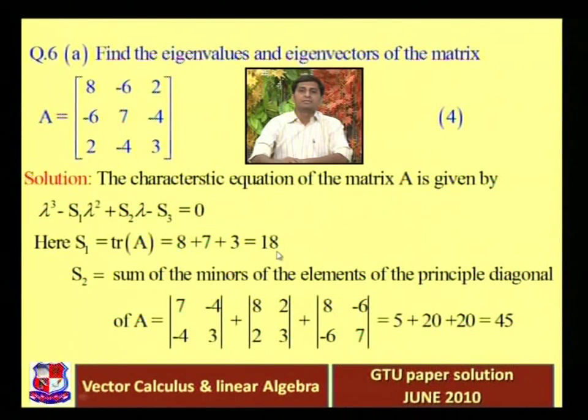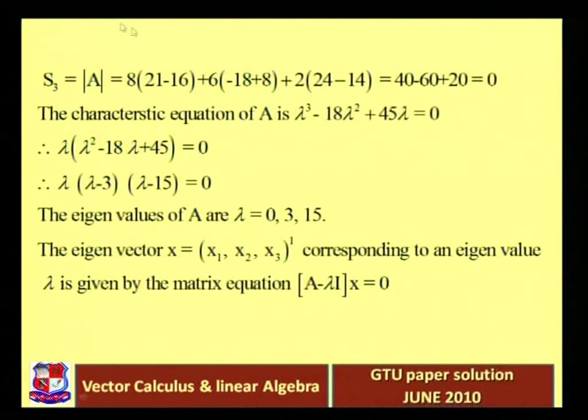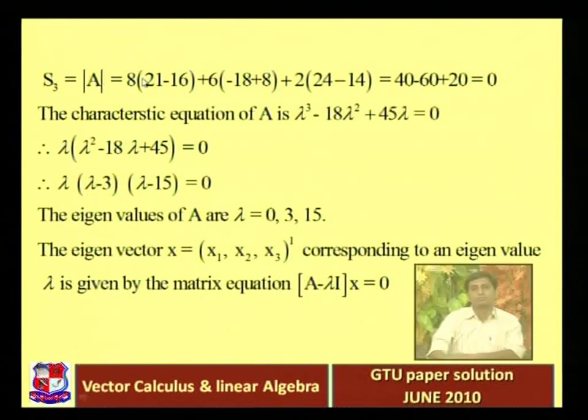So this is 18, and then s3 is the determinant of A, that is 8 into 21 minus 16 plus 6 into minus 18 plus 8 plus 2 into 24 minus 14. So 8 into 5 is 40, plus 6 into minus 10, so minus 60, and plus 20. So the determinant is 0, you will get.